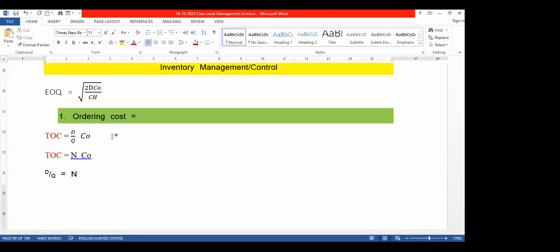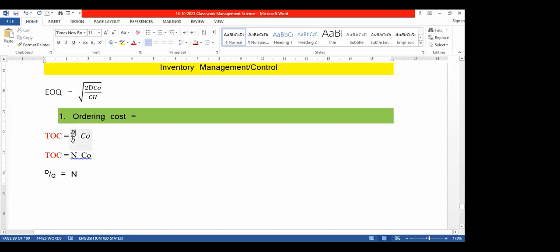So if you substitute the values, you can get the total ordering cost. If D is given, you know Q, and CO, the cost per order, is given, then you can just substitute and get the total ordering cost.